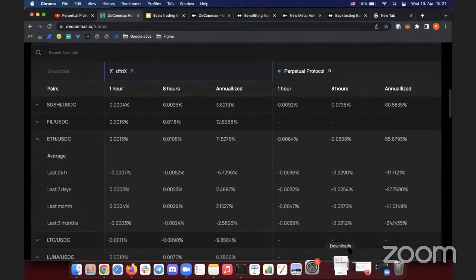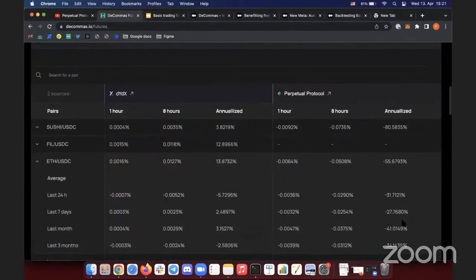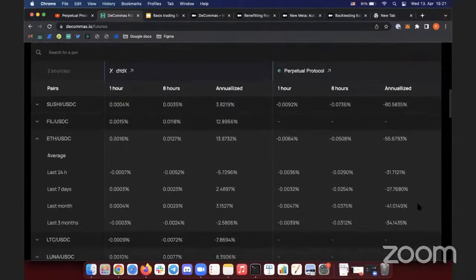Let's say on Ethereum USDC for Perpetual protocol V1, it was very negative over the last 3 months, including today too. So you can draw some conclusions out of the data that you receive, and then build your own strategy.